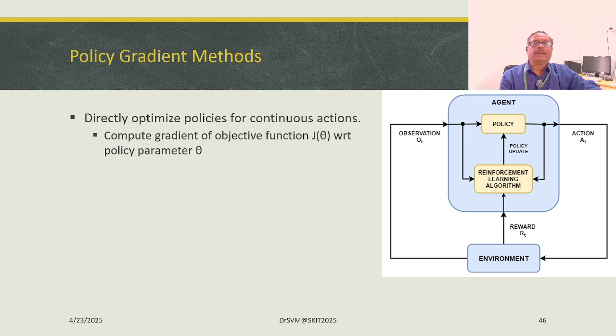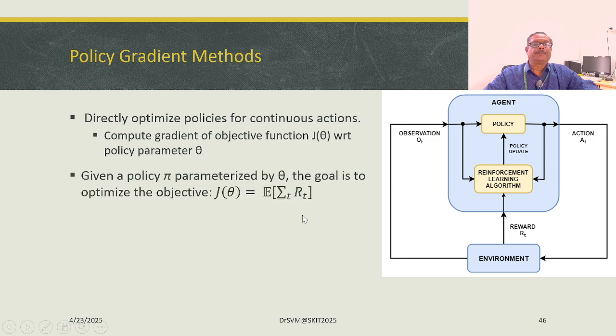In our case, this objective function may be the reward, so we would like to maximize the rewards. So we want to identify the best policy parameter theta that maximizes the rewards J of theta. That's the idea behind the policy gradient method.